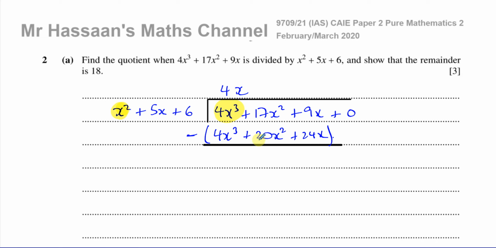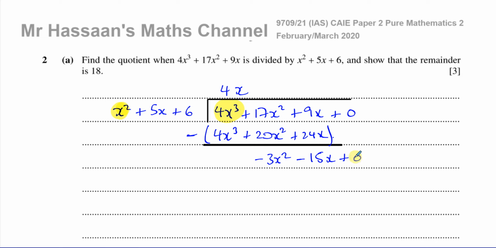Be careful with that. The x squared terms should be in line with each other. 17x squared minus 20x squared is negative 3x squared. And 9x minus 24x is going to be negative 15x. Okay, negative 15x, that's right. I'm going to put plus 0.